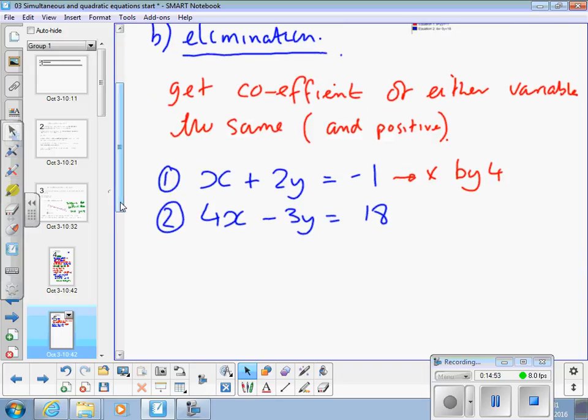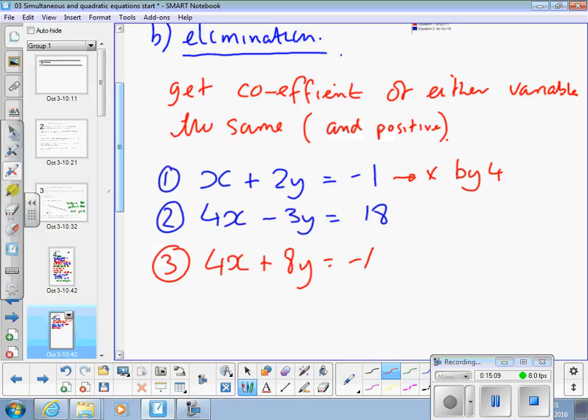We then get equation 3, that is 4x plus, we've got to multiply everything by 4, so that will be 8y equals minus 4.